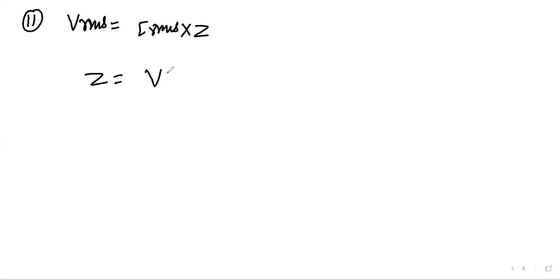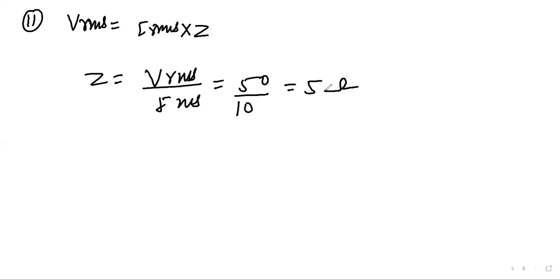As we know, VRMS is equal to IRMS into Z. So Z is VRMS divided by IRMS. VRMS we have calculated, that is 50. I is 10. So your Z will be 5 ohm. So the required impedance is 5 ohm. So please remember this quantity and value also.